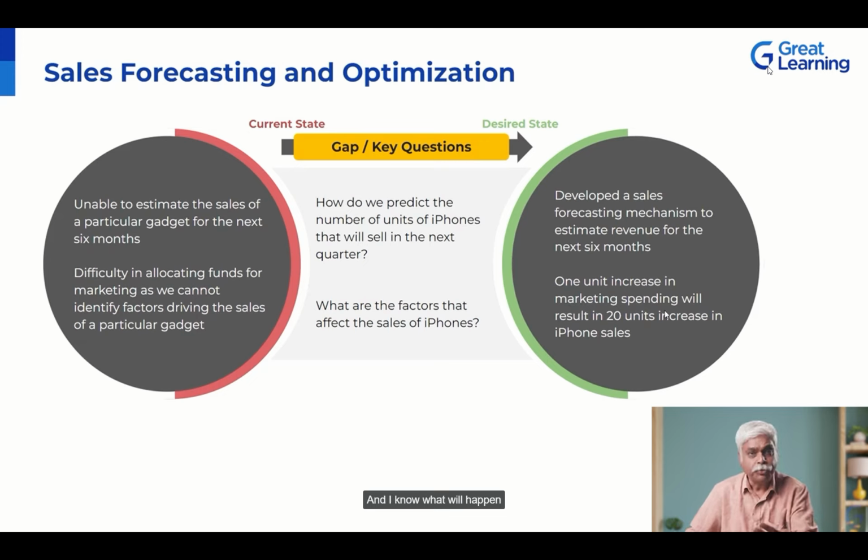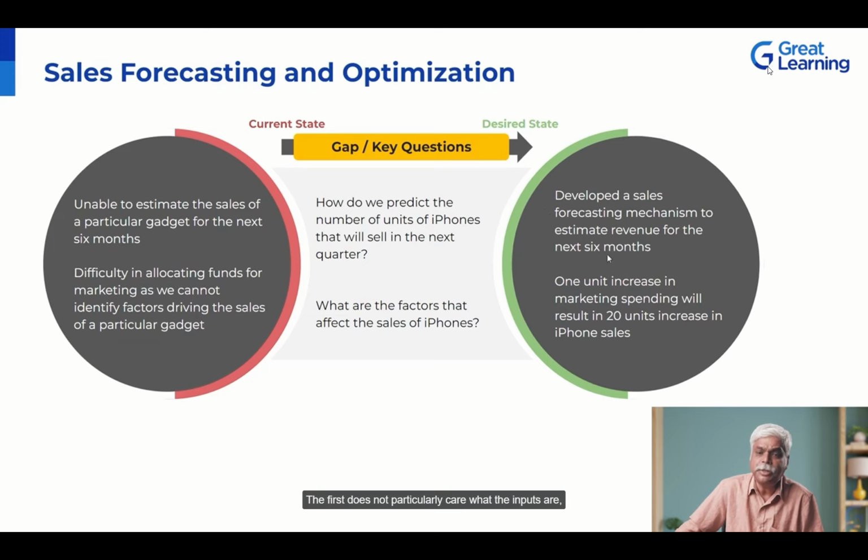And I know what will happen if I have a 1 unit increase in marketing spending. 1 unit could be my choice of how I define units. It could be maybe $1,000 or a corresponding spend in another currency. Similarly, units could be with respect to, say, single phones or whatever be the sales bundle that you are looking at. So take a look and try to internalize the difference between these two problems.